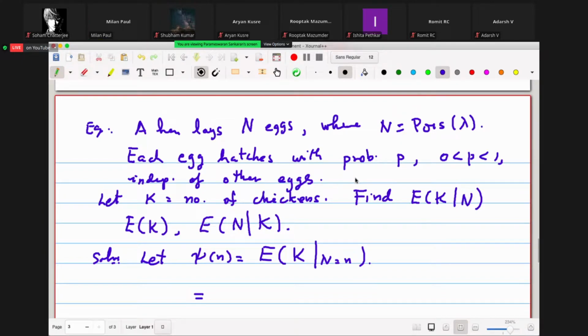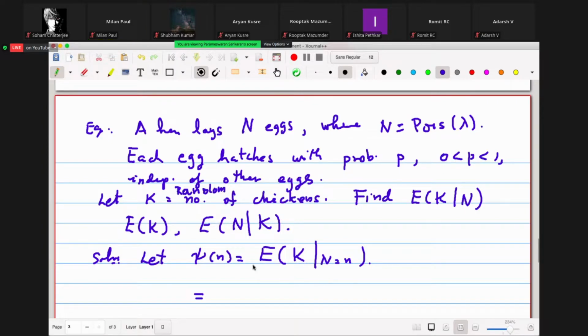It's not a fixed number, and you can only talk in terms of probabilities. And also the number of eggs that it will lay is a random variable. So there are two random variables involved. Okay, sir. Random number of eggs, number of chickens.